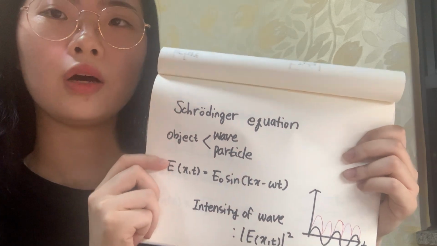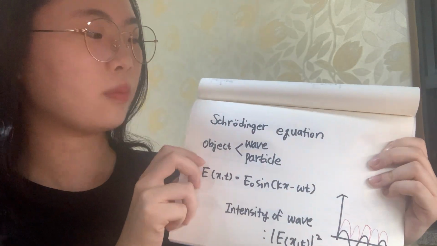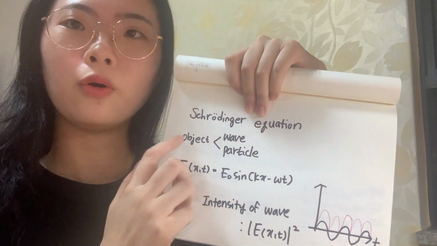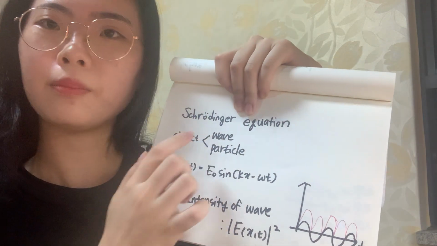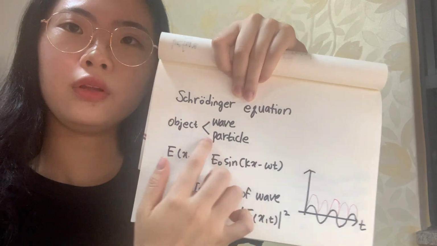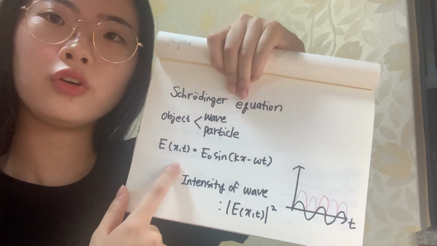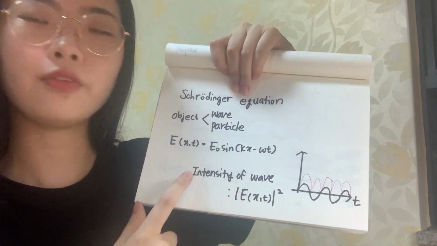Then let's talk about the Schrödinger equation. An object has duality: it has both wave and particle nature. It's very important, and we can use this equation to calculate the intensity of the wave.